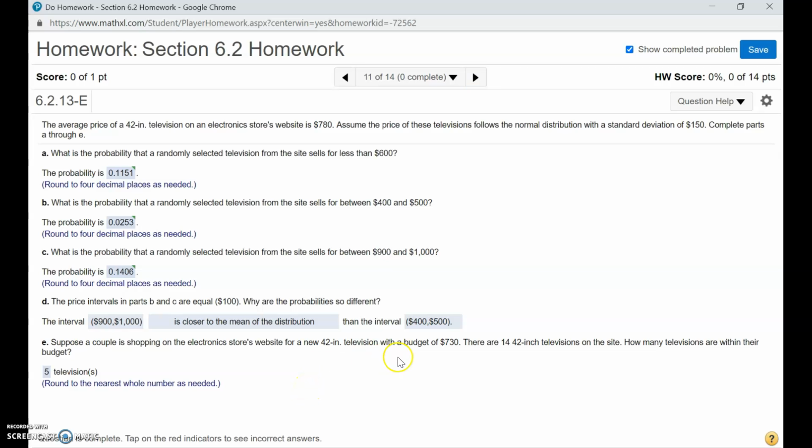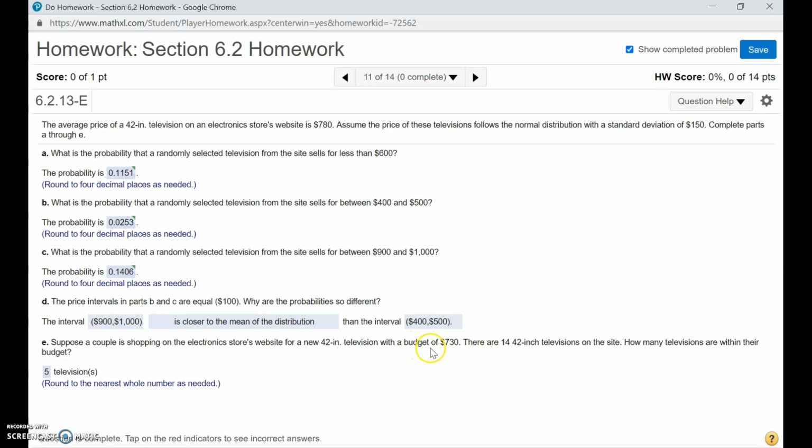And then this last part: suppose a couple is shopping on the electronic store's website for a new 42-inch television with a budget of $730. There are 14 42-inch televisions on the site. How many televisions are within their budget?